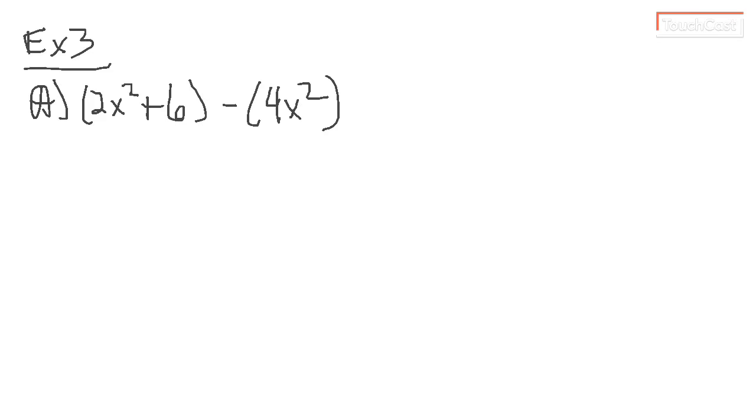So in this case, we're going to distribute the negative, the minus sign, to what we have in the parentheses after it, and we're going to rewrite it as 2x squared plus 6. We're going to change that minus to a plus, and then in the parentheses, a negative times a positive 4x squared is going to make a negative 4x squared.